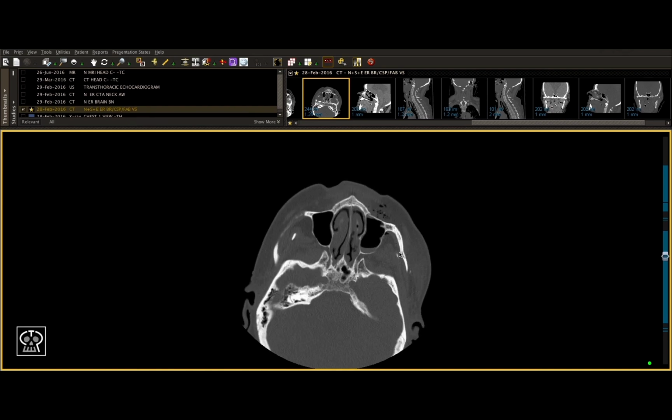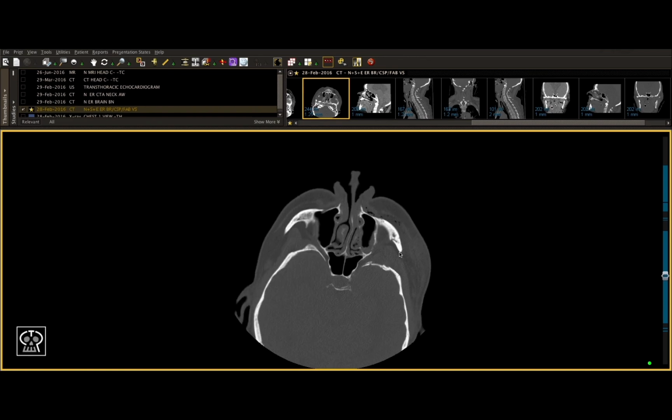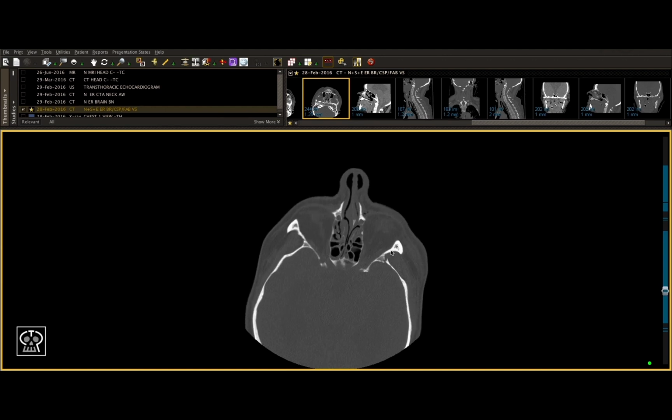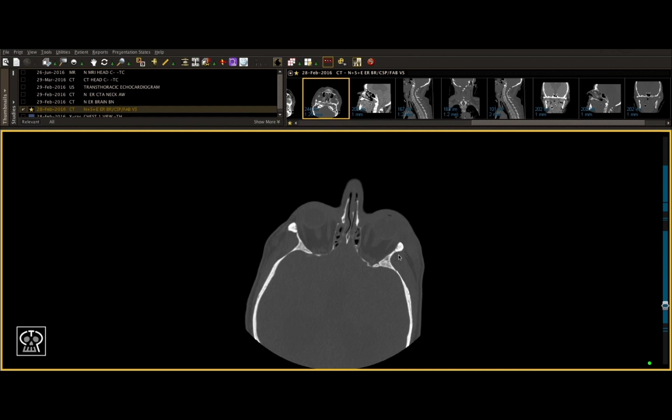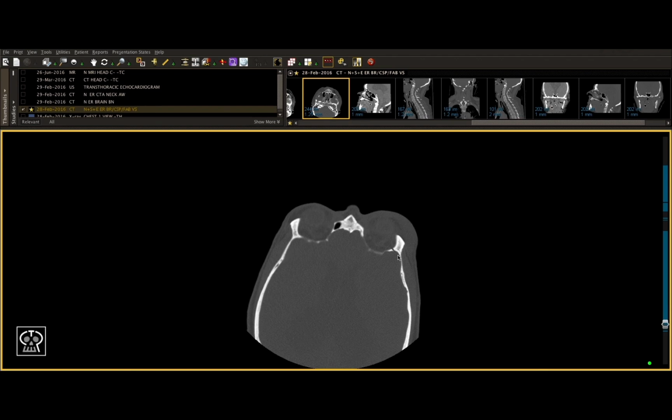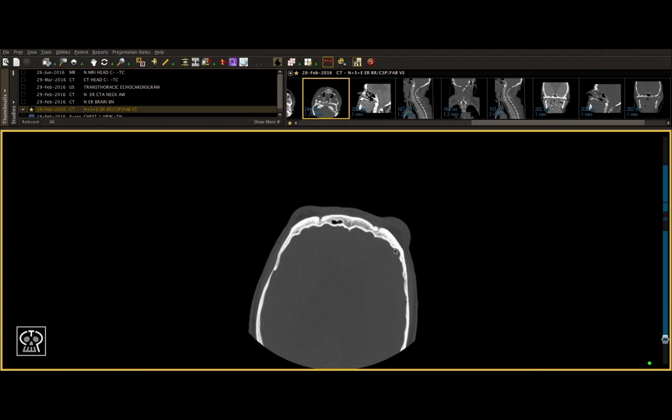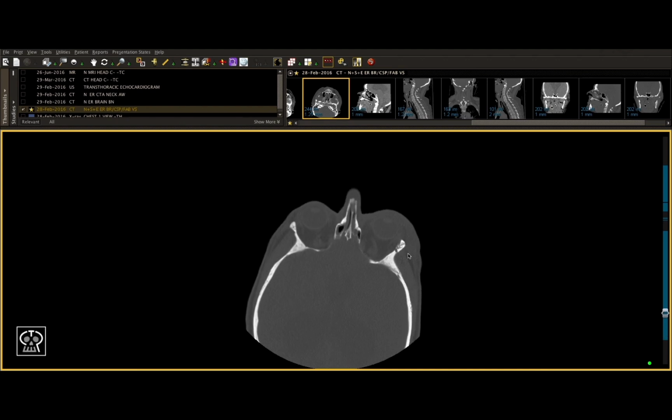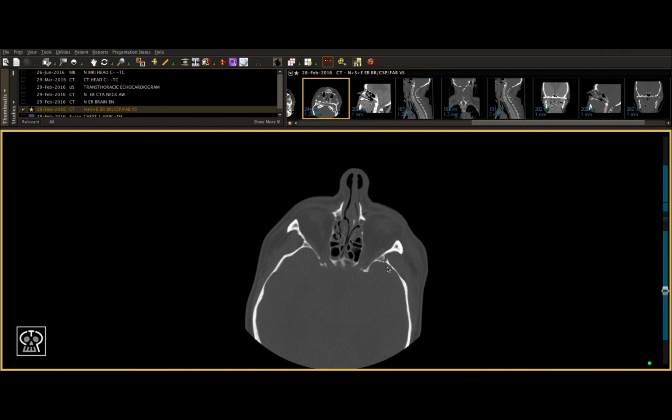As we continue to go superiorly, we see a fracture here, the lateral orbital rim, as well as superiorly here at the superior lateral / superior orbital rim. You can also note a fracture here as well.